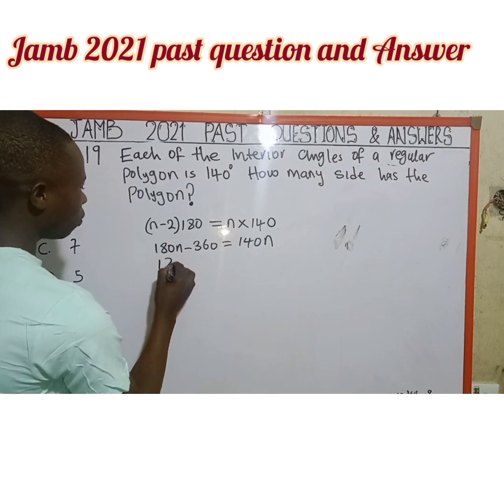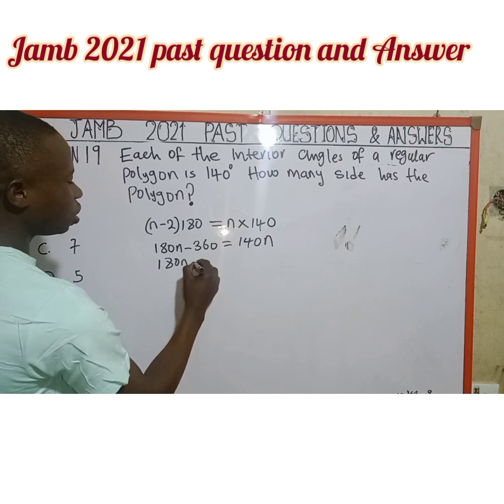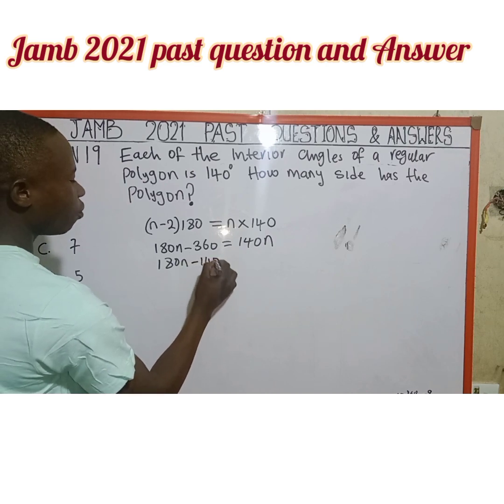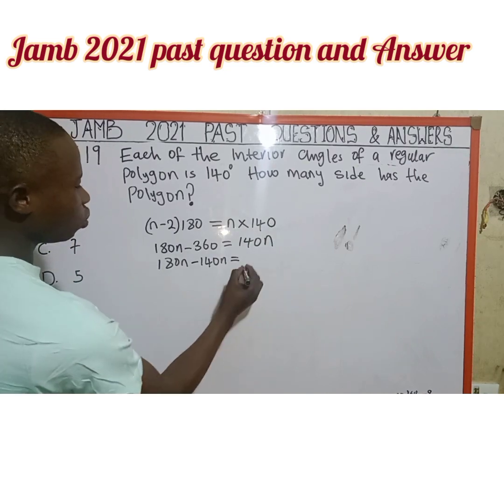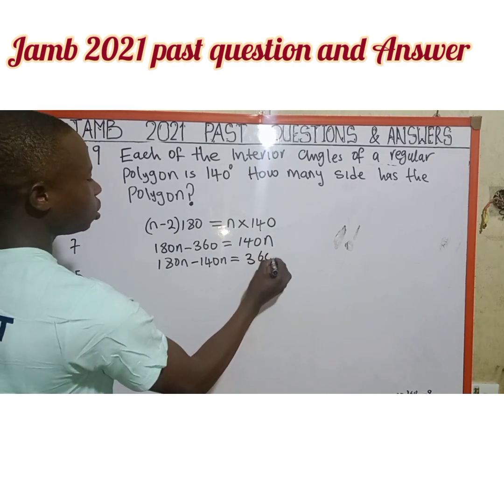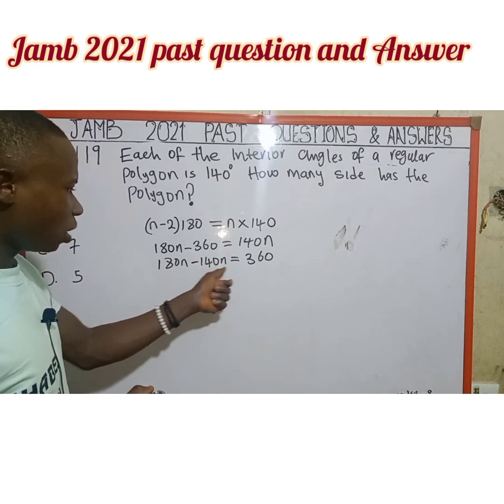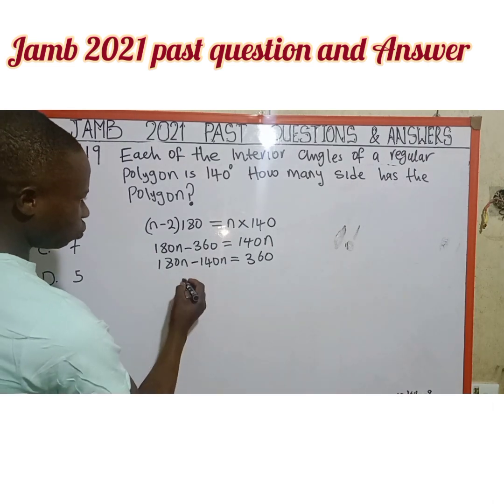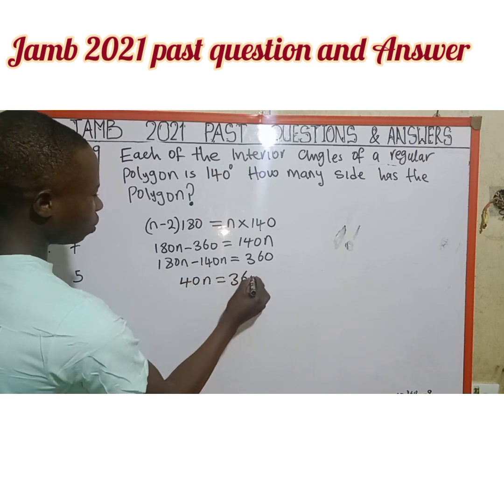We have 180n, then minus 140n, which is equal to, taking this constant to the other side of the equation, positive 360. So 180n minus 140n gives me 40n, which is equal to 360.